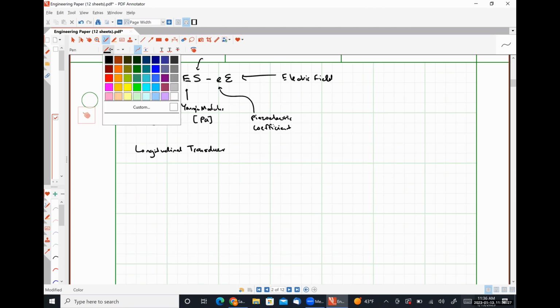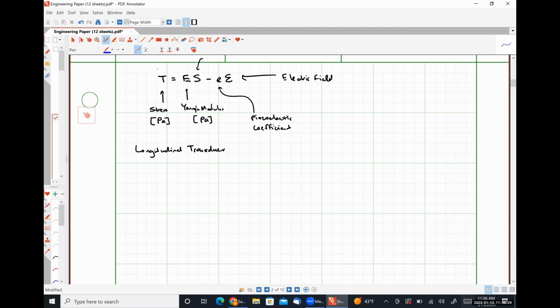So I'm going to start with my piezo element, which I'm going to put this structure in blue here. So this is my piezoelectric material.